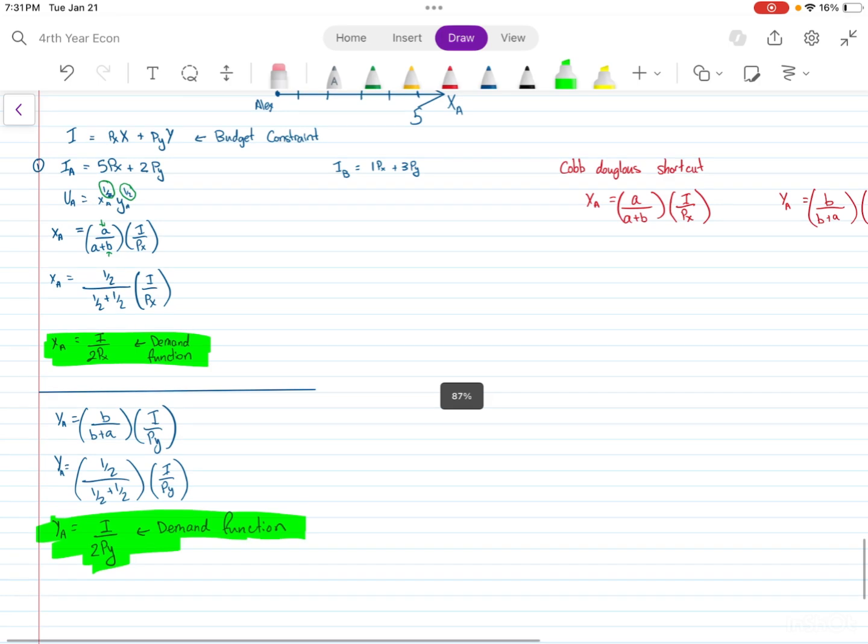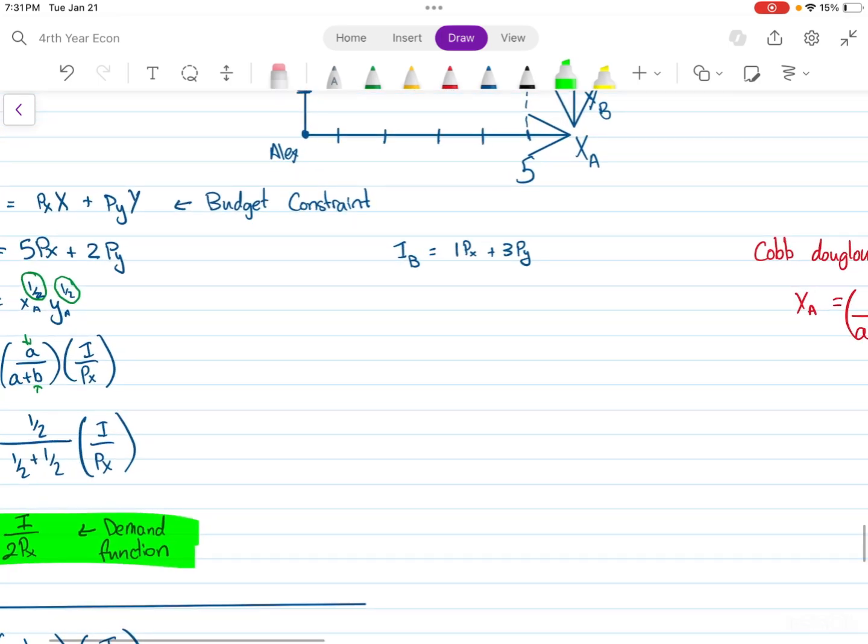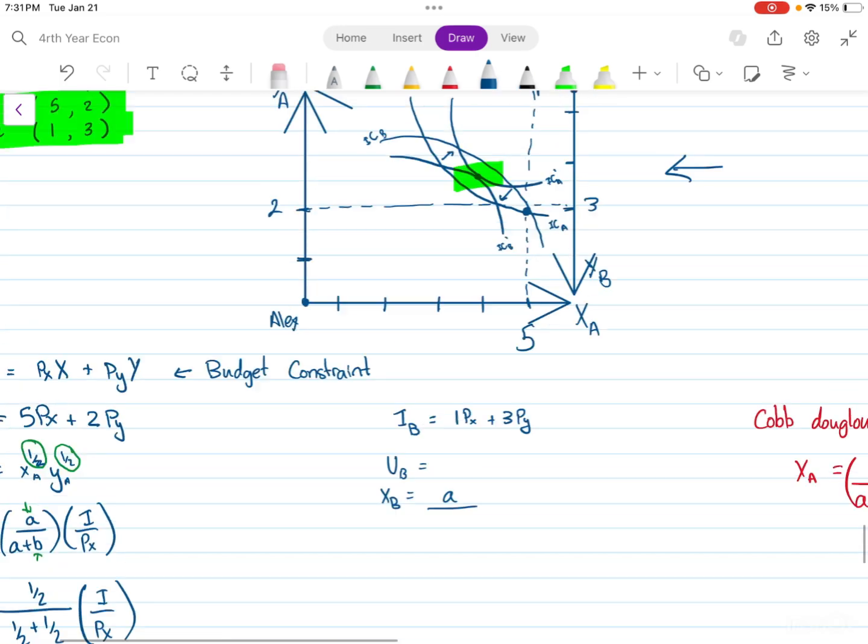Now let's fast forward and do the same exact thing for Billy. We figured out what the budget constraint for Billy is. Let's figure out what term XB for Billy is equal to. X is basically term A over A plus B, so let's quickly write their utility function from up here.